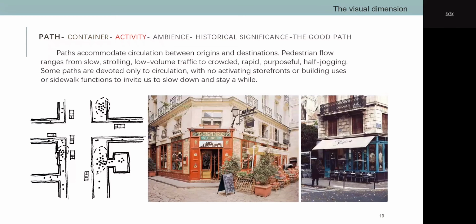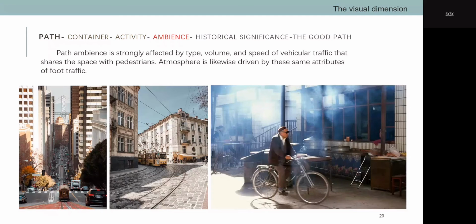Path ambience is strongly affected by the type, volume, and speed of vehicular traffic that shares the space with pedestrians. Atmosphere is likewise driven by these same attributes of foot traffic.